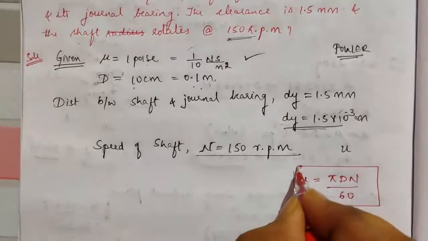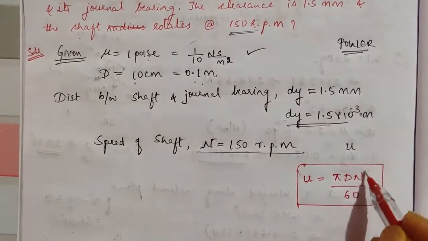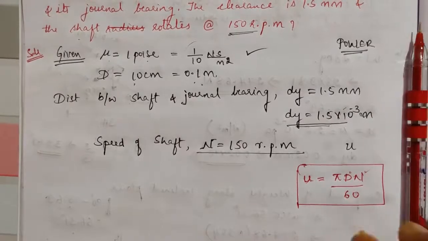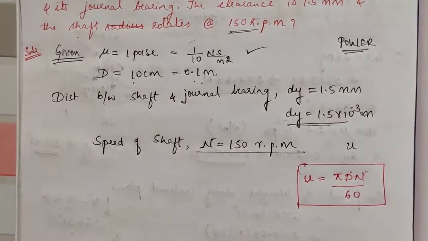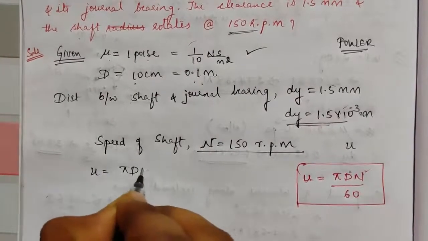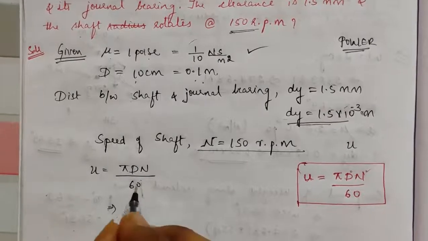Whenever the speed of the shaft, the rotation per minute n, is given with diameter, the speed can be calculated by u is equal to pi dn by 60.